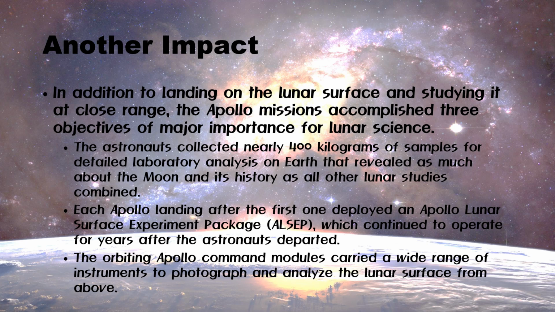First off, the astronauts collected nearly 400 kilograms of samples for detailed laboratory analysis on Earth that revealed as much about the Moon and its history as all the other lunar studies combined. Each Apollo landing after the first also deployed an Apollo lunar surface experiment package, which continued to operate for years after the astronauts themselves departed. And the orbiting Apollo command modules carried a wide range of instruments to photograph and analyze the lunar surface from above.